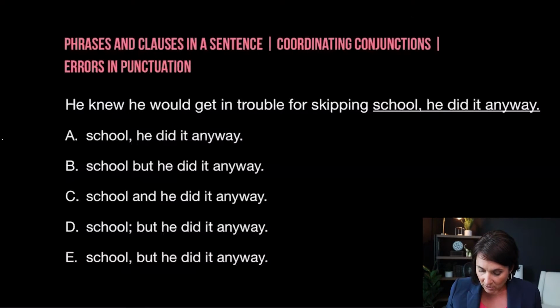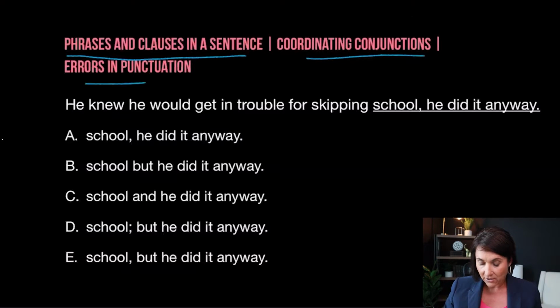In the next question, we're going to be talking about phrases and clauses in a sentence, coordinating conjunctions, and errors in punctuation. All right, so our coordinating conjunctions are called fanboys. All right, these are what you might hear sometimes in your class as fanboys.